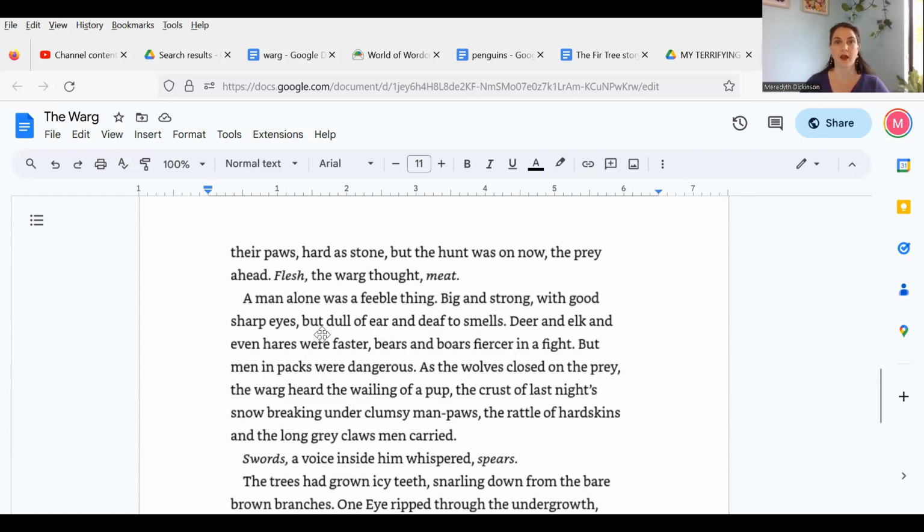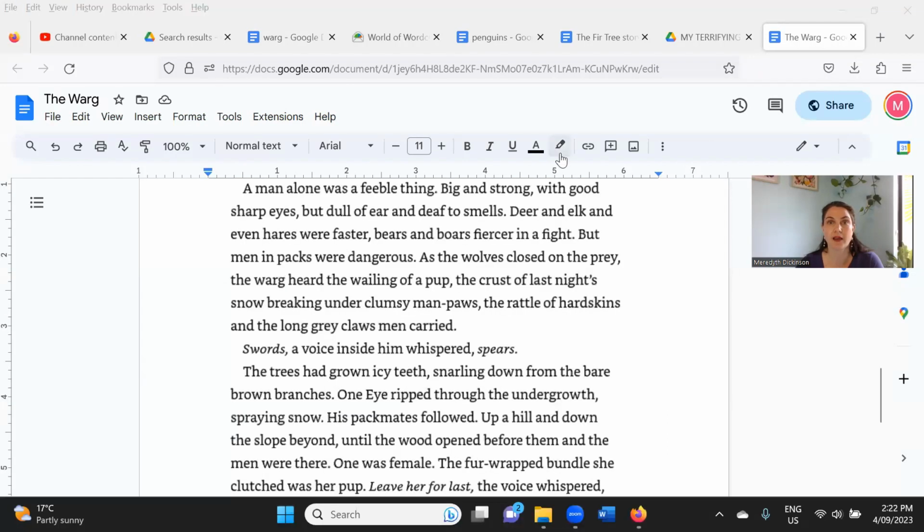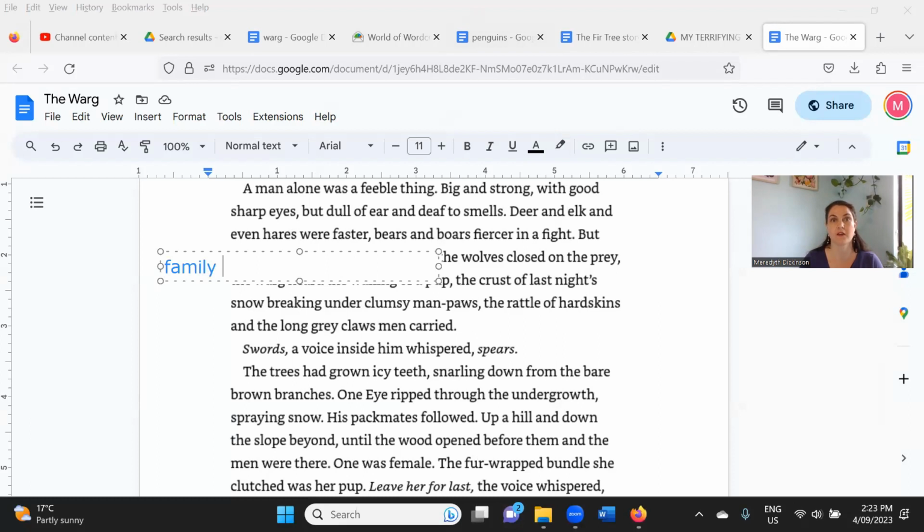So we can have a look here: that men in packs were dangerous. We wouldn't usually call it a pack, but a wolf would. We would call it, say, a group or a family. So let's highlight or underline packs, and write next to it that what they mean is family.